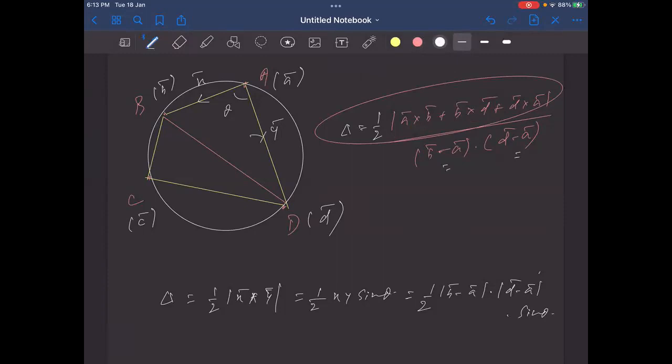Instead of this numerator can we write down now half, half will cancel out, mod b minus a into mod d minus a into sin theta. Can we write down this numerator as this? बोलो, लिख सकते हैं ऐसे? एरिया ऑफ ट्रायंगल ही तो है, इसको मैं ऐसे लिख रहा हूँ। Can we write down this?